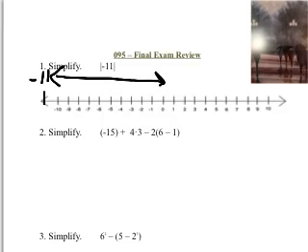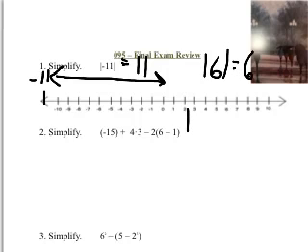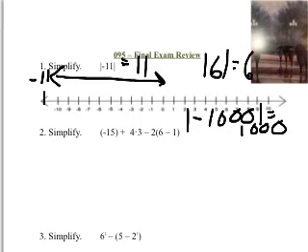So the absolute value of negative 11 equals a positive 11. Just as the absolute value of 6 would equal 6. The absolute value of a negative 1,000 equals 1,000. So it's the distance from 0.